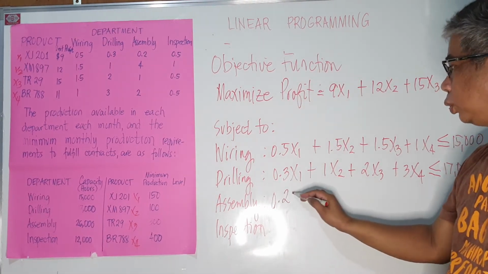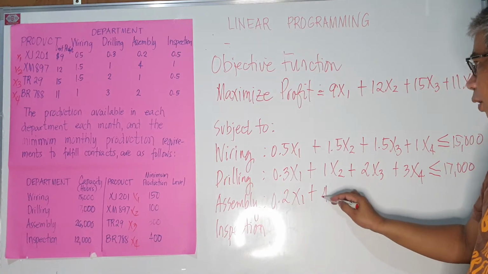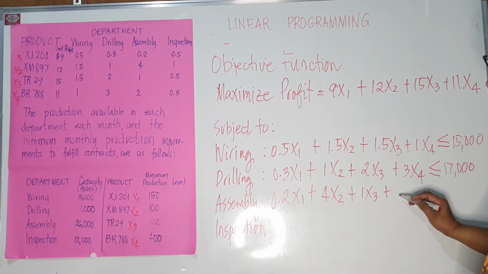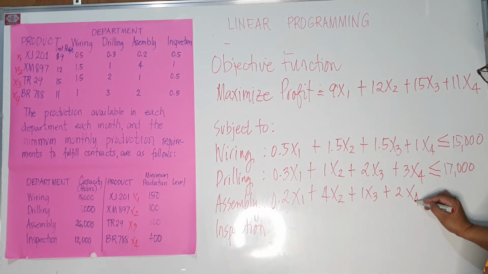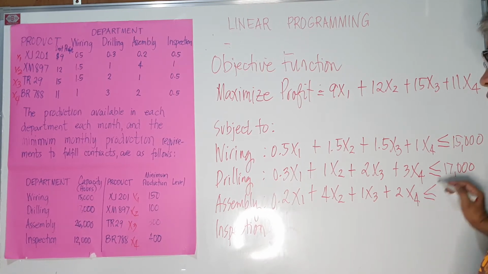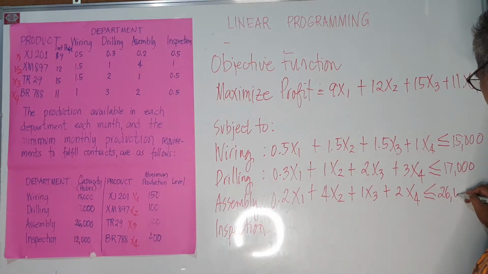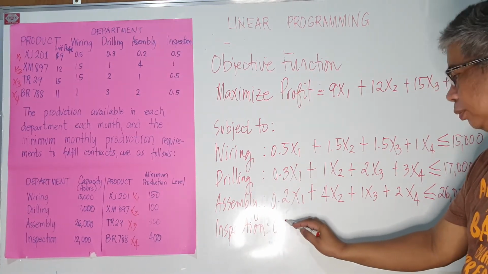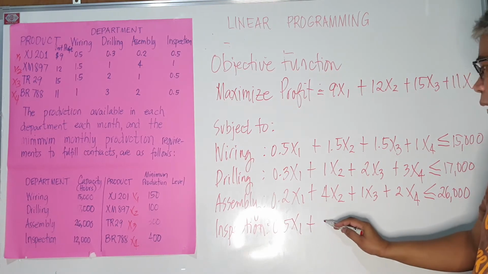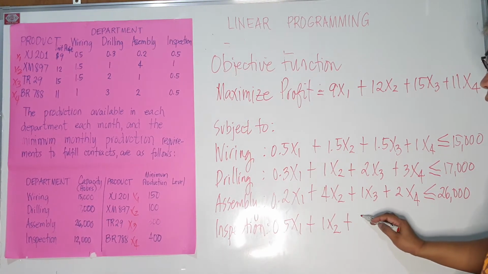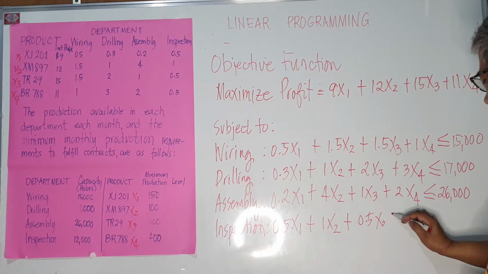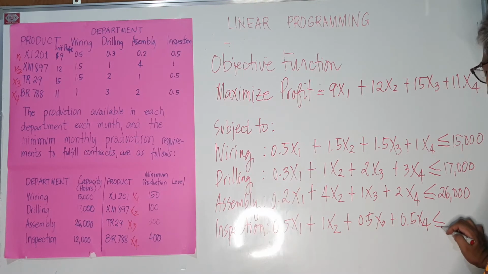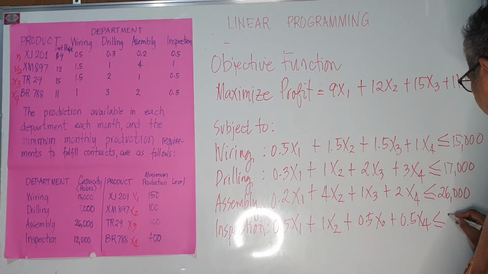So, 0.2 x1 plus 4x2 plus 1x3 plus 2x4. Again, dapat hindi lalampas sa 26,000. And last, inspection. So, 0.5 x1 plus 1x2 plus 0.5 x3 plus 0.5 x4. Dapat hindi lalampas sa 12,000.